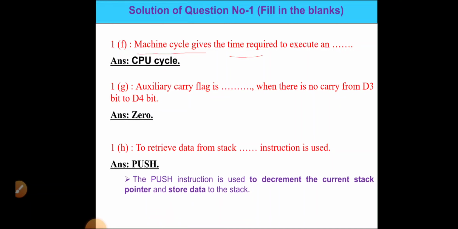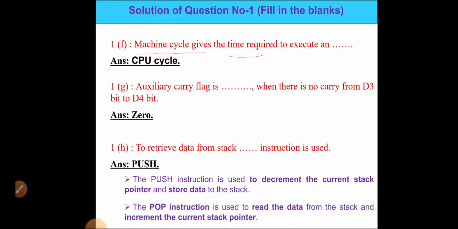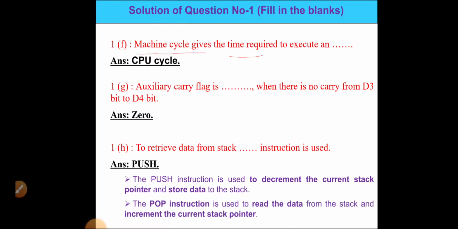The push instruction is used to decrement the current stack pointer and store data to the stack. The pop instruction is used to read the data from the stack and increment the current stack pointer.